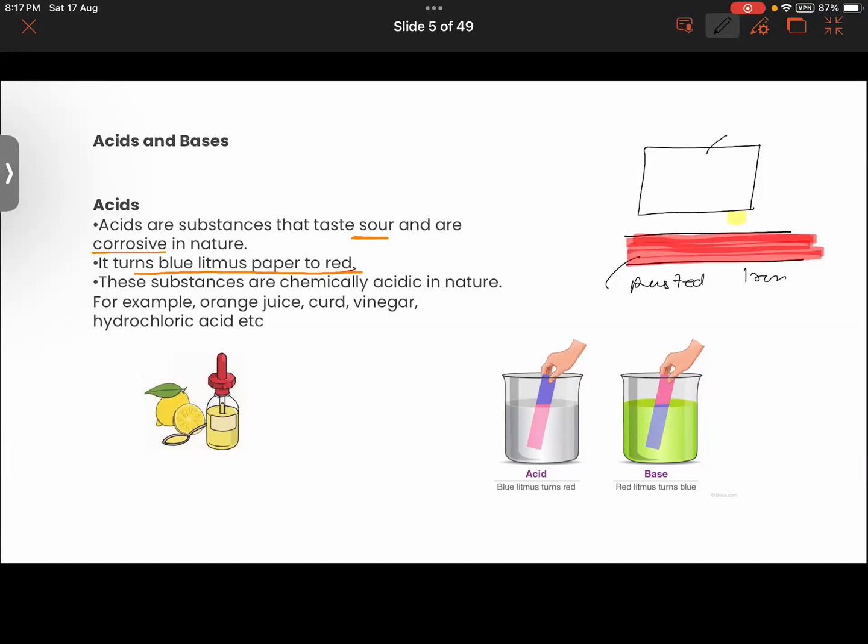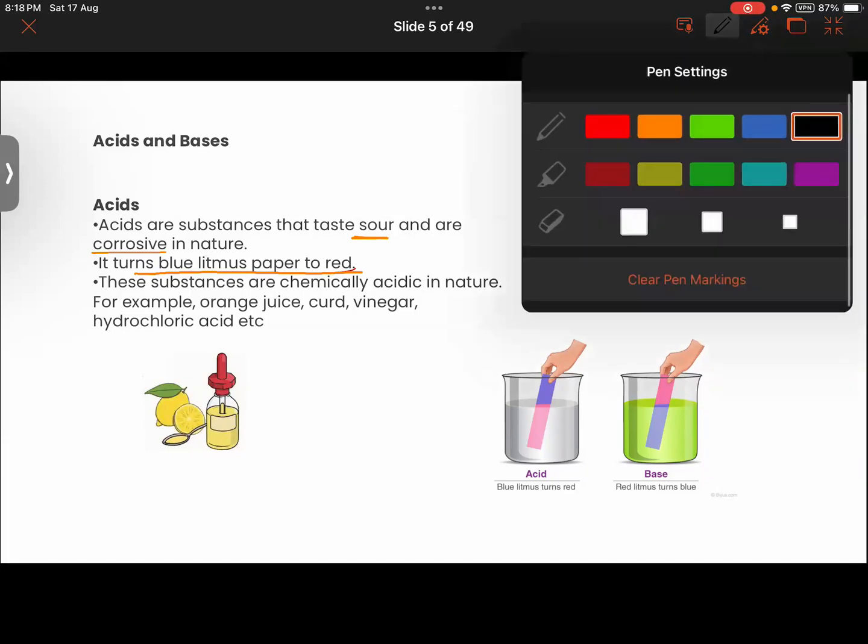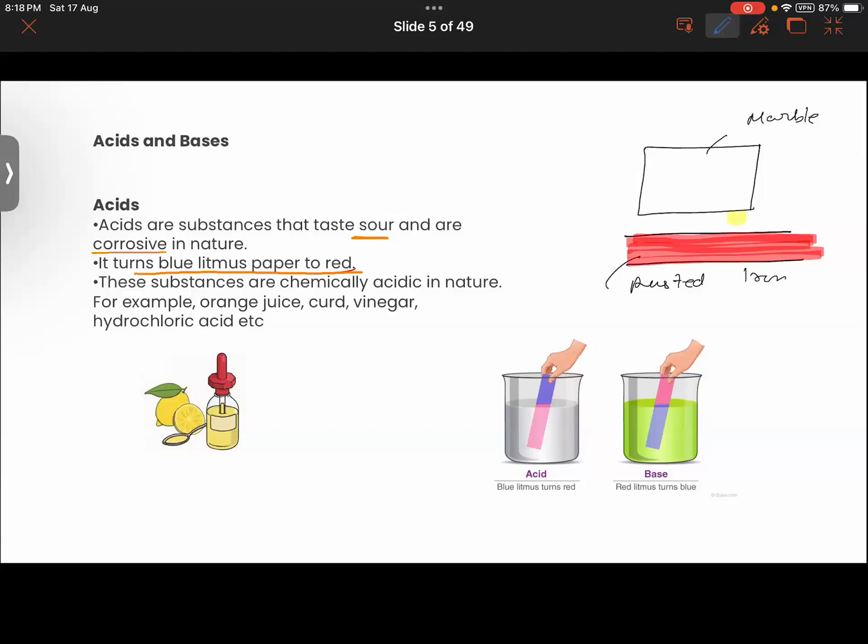Yes. For example, when you drop it on the marble, you will observe bubbles forming out of it. What I was saying is that acids are corrosive in nature, meaning that they will eat the surface of the objects on which they fall.